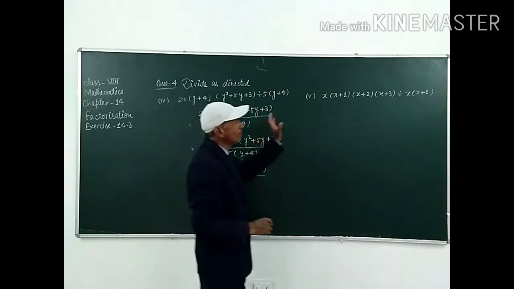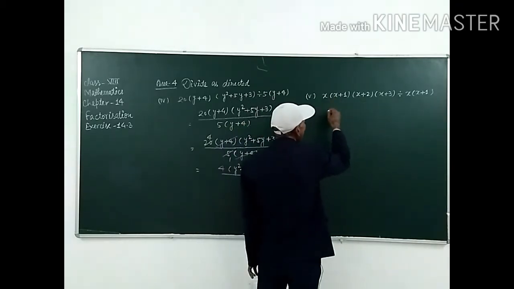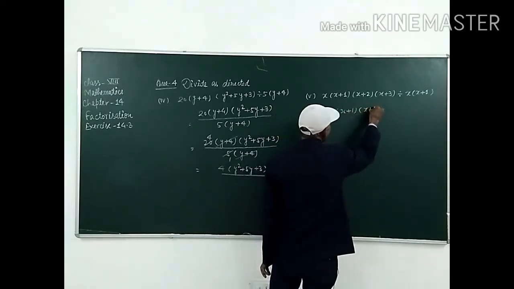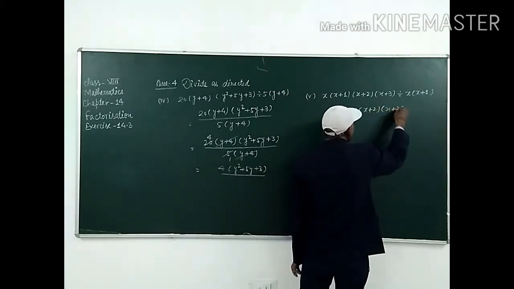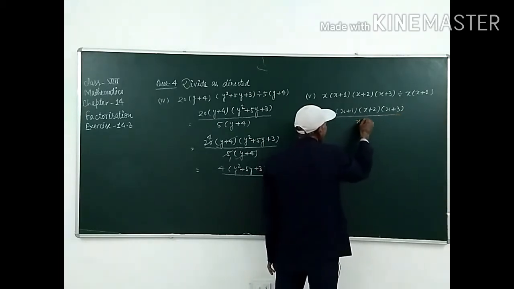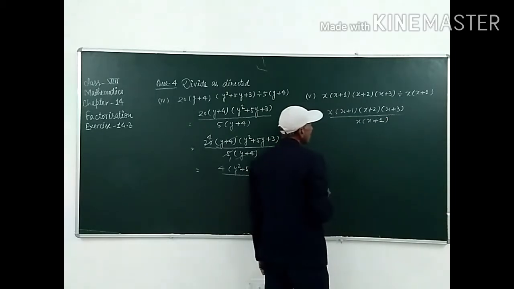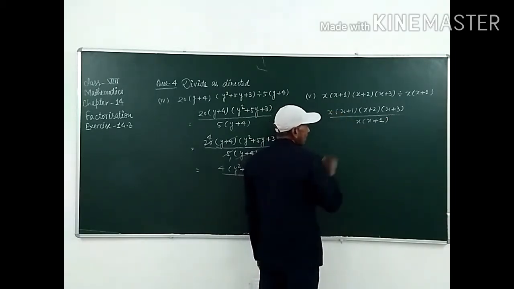Now, this is the fifth part of question number 4, student, and in this we have to write x into x plus 1 into x plus 2 into x plus 3 divided by x into x plus 1. So this numerator x and this denominator x are divisible.